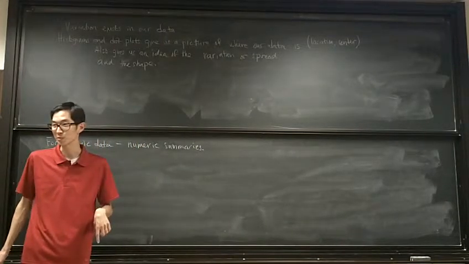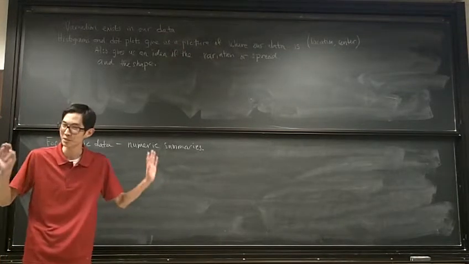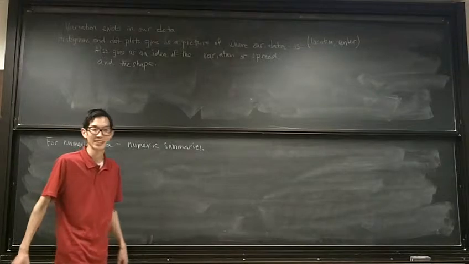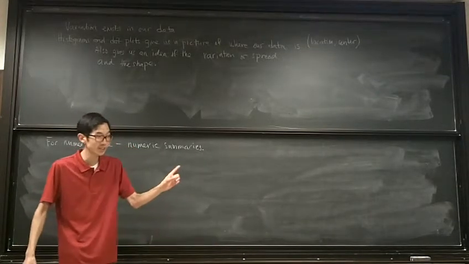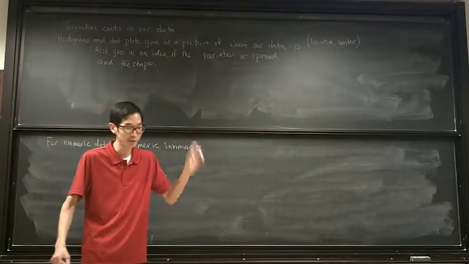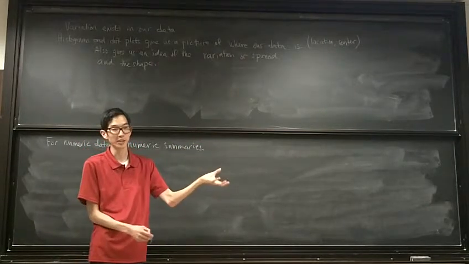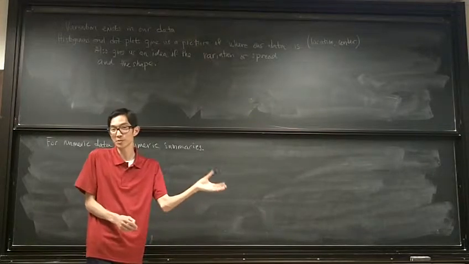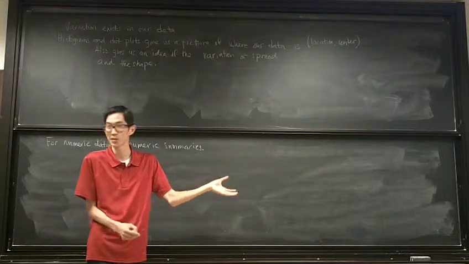And what were those numeric summaries? We talked about it not too long ago. We counted. We said this is how many fit in this category. That's a numeric summary of a category. And we also use the proportion.